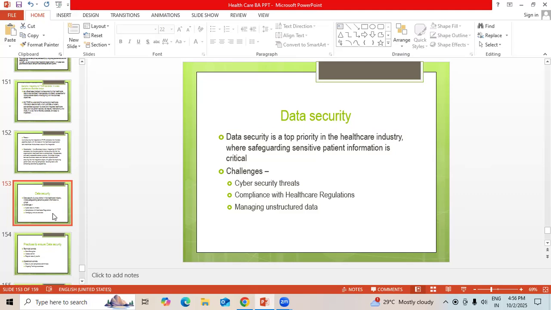The third is managing unstructured data, because unstructured medical data like doctors' notes, lab reports, and imaging data present unique challenges in terms of security and integration.